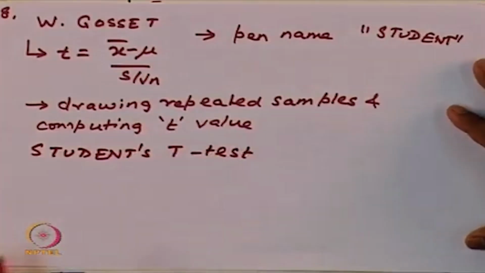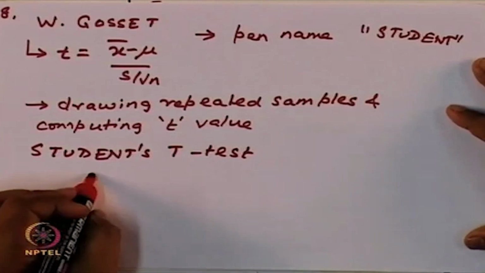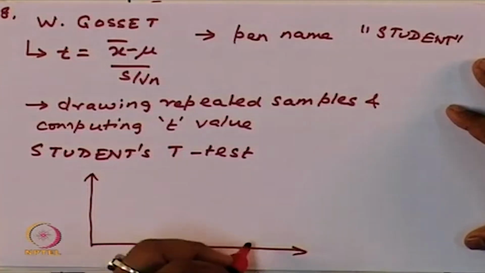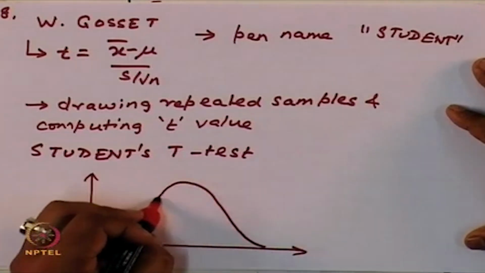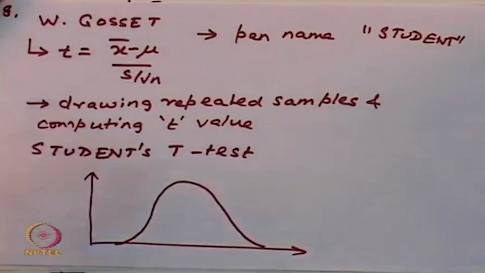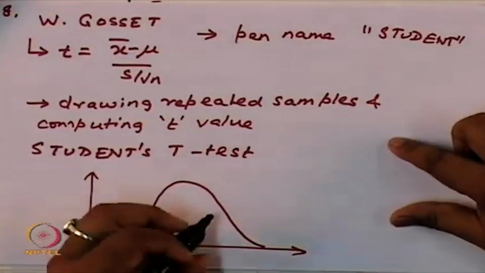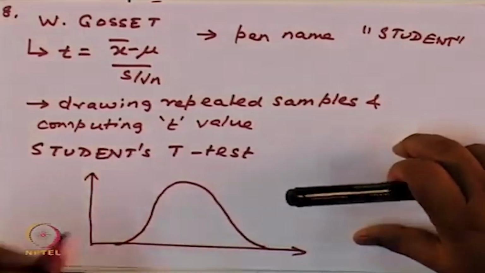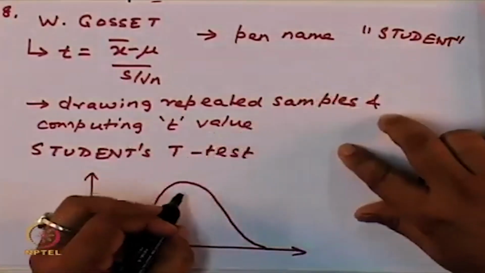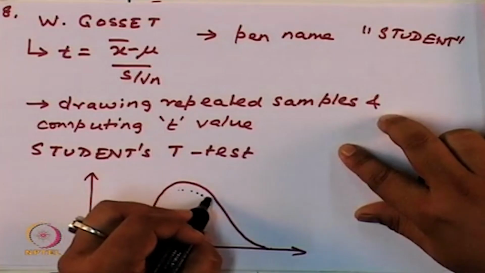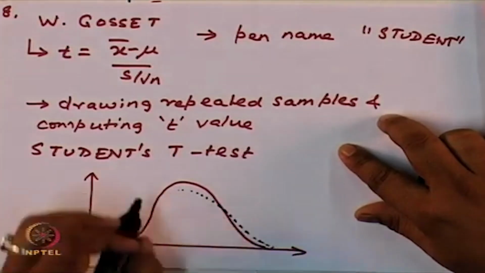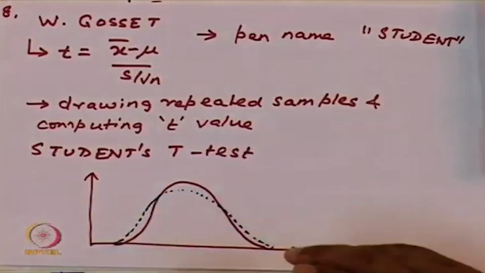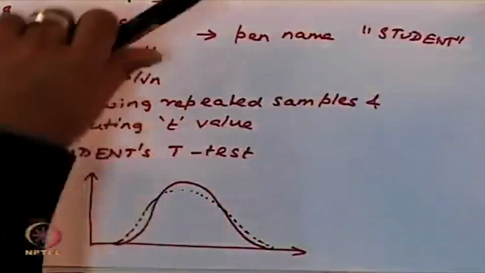How does the T distribution look? If your normal distribution is like this, the T distribution is much flatter. The T distribution is also symmetric.